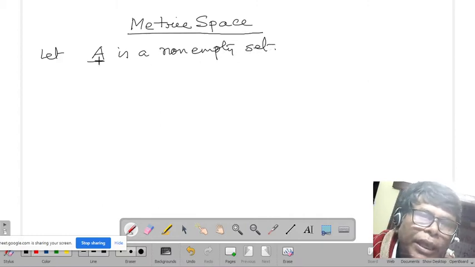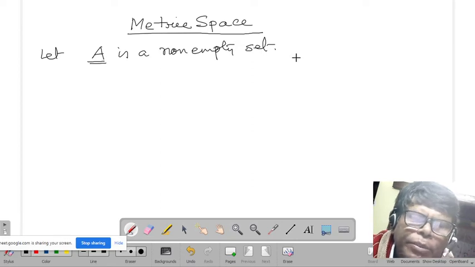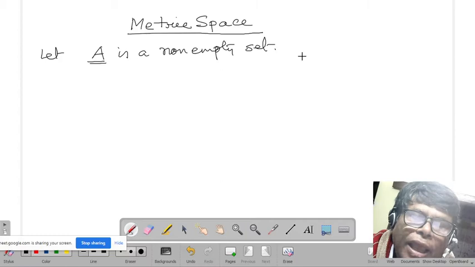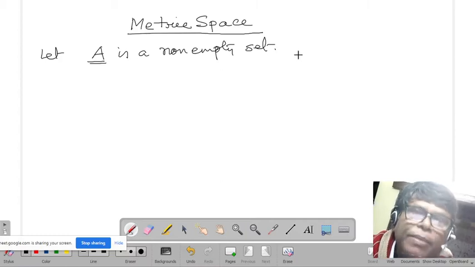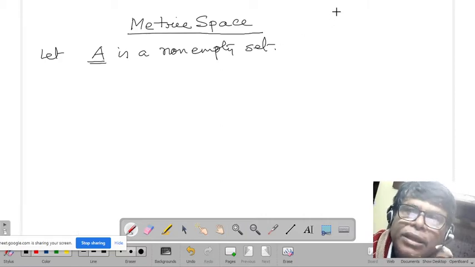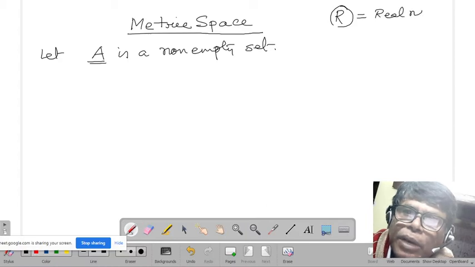Now A may be any set having mathematical objects as its elements. Okay, A may be our most important set R, that is the real number set. So we shall denote it as the set of real numbers.